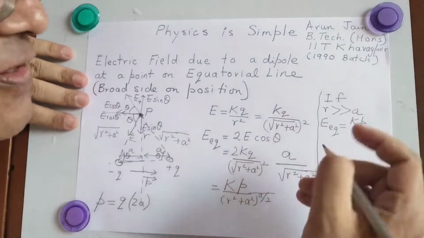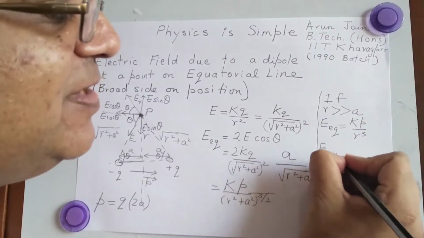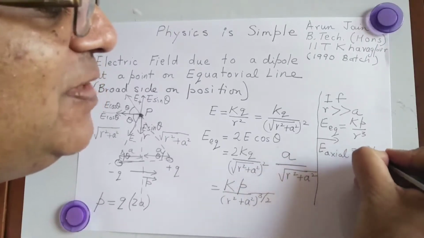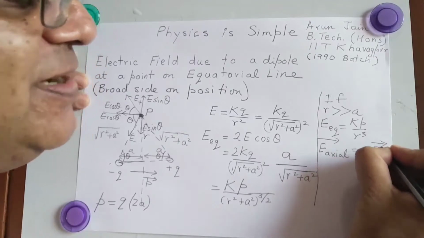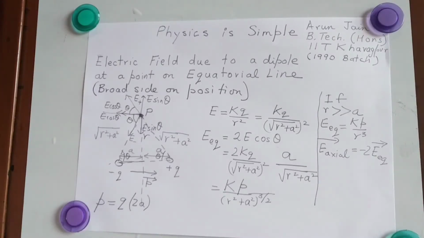And the magnitude also was double. So E axial is equal to minus 2 times E equatorial. Minus sign is showing opposite direction. E axial is in the direction of dipole moment. E equatorial is opposite to dipole moment. And dipole moment is from minus charge to plus charge.